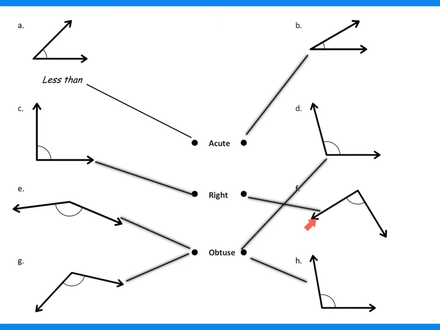F, if you turn around, it's exactly up and down, or straight. So this is a right angle. G is wider, so it's obtuse. And H, it's close to 90, but it's over 90, making it obtuse.